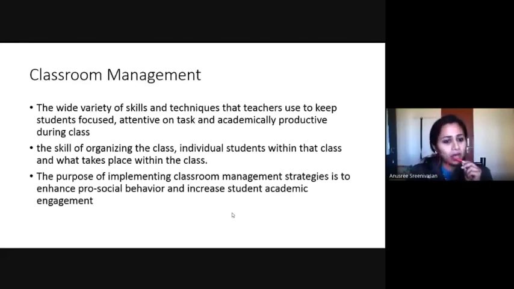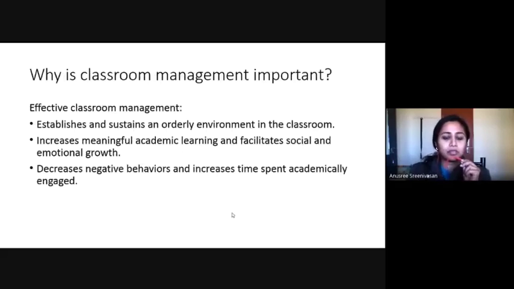So why is classroom management important? It's because it helps to establish and sustain an orderly environment in the classroom. It increases meaningful academic learning and facilitates social and emotional growth among the students. It helps to decrease negative behaviors and increase the time students spend academically engaged.